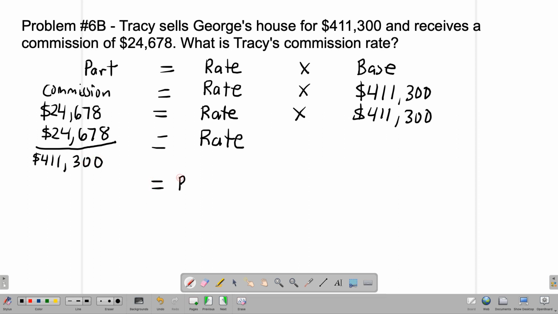So our rate equals 24,678 divided by 411,300, which is a value of 0.06. And of course, we take the 0.06, multiply by 100, and that would produce 6. That same 6 is saying that the rate is really 6%. And this is what we wanted to show for problem 6B.